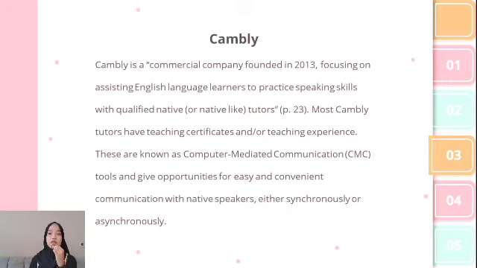Most Cambly tutors have teaching certificates and or teaching experience. When users open Cambly, they can check the personal profiles of the available native speakers prior to starting the audio call, so as to select the person with whom they share the most common interests and feel most comfortable engaging in conversation.